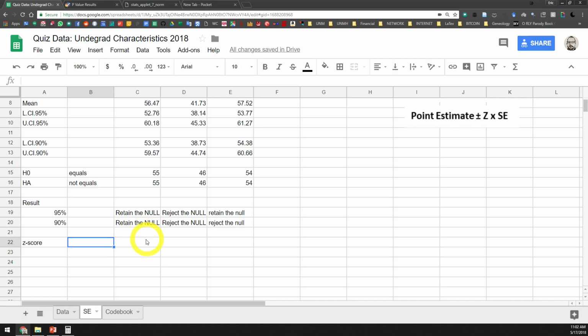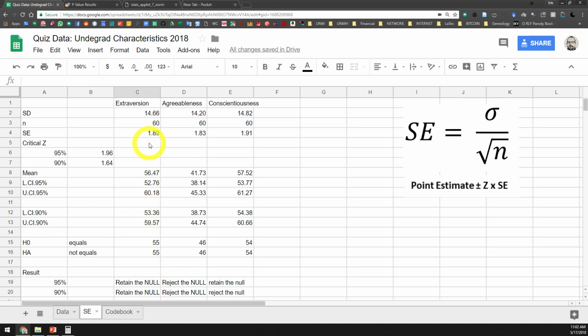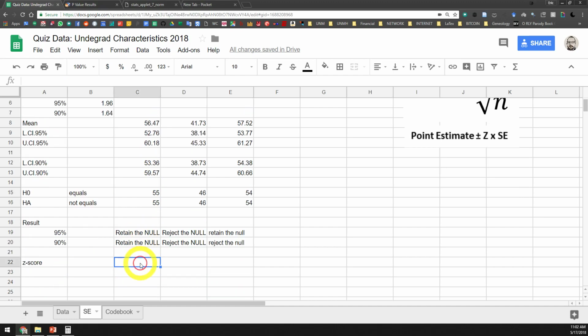We've already calculated our standard error up here. We have our mean. We have our null hypothesis. So when we enter this into the equation, to calculate our z-score, we say 56 minus our null hypothesis, 55.